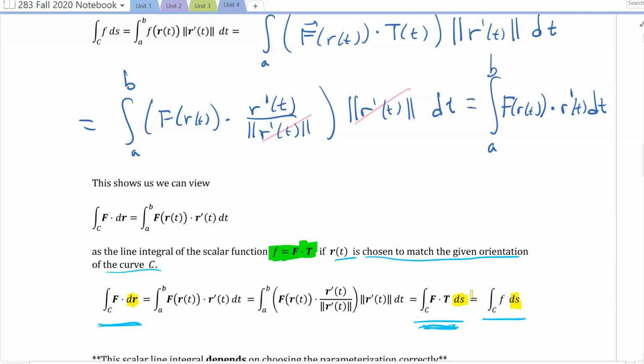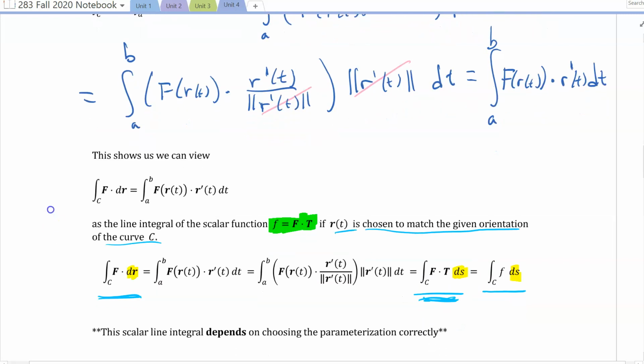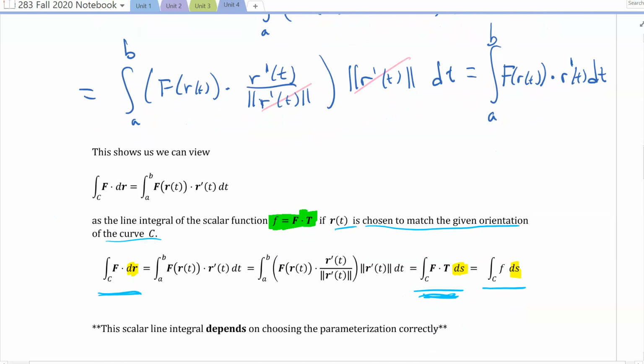So again, we can always view a line integral of a vector field as the line integral of a scalar function if we choose the parameterization correctly. So that's the assumption on there. We have to be careful to make sure we have that caveat.